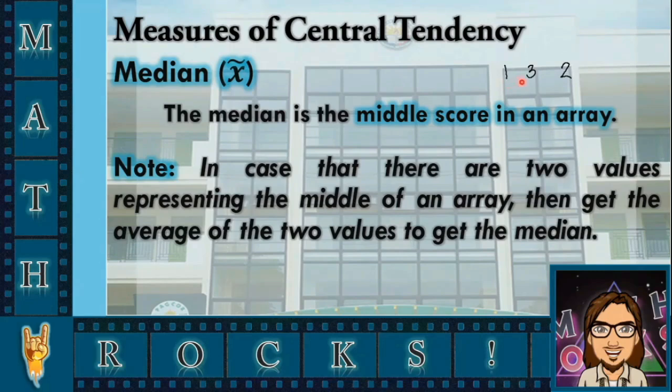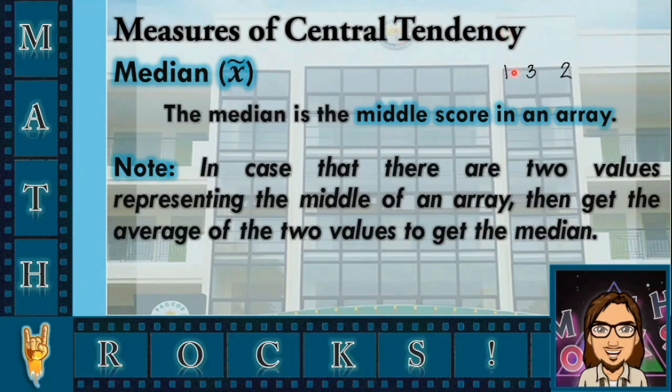Knowing that these values are not arranged into a certain order, we do not have an array. An array means that the data set should be arranged in a certain order, such as the ascending order, or from least to greatest, or the descending order, which means from greatest to lowest.